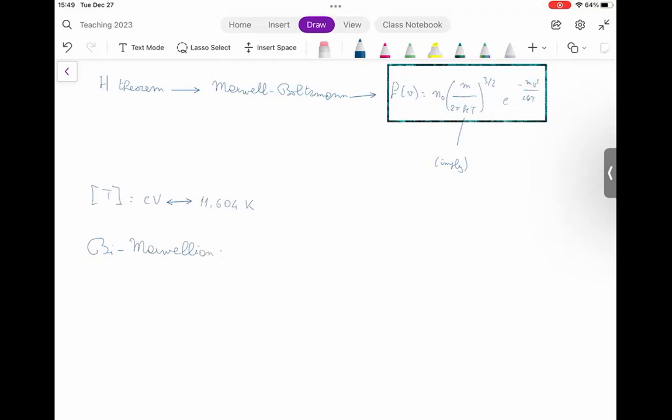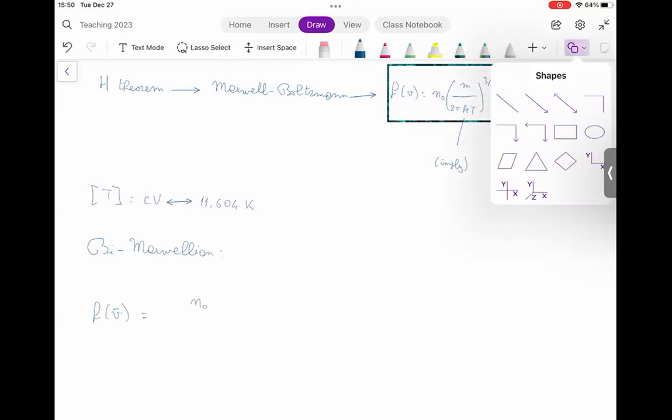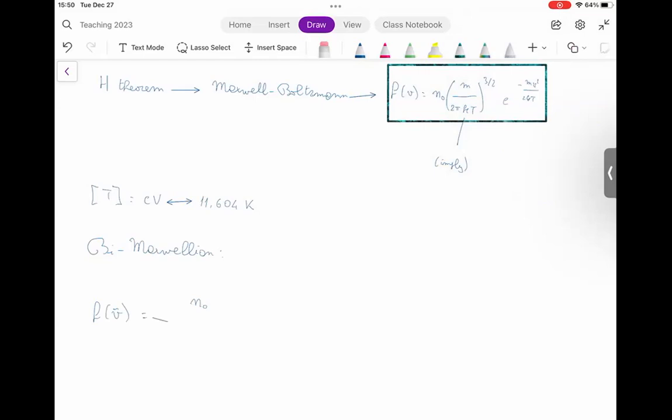That's going to look something like this. I'm going to have my distribution function, a function of the velocity, and that's going to look a little different from what we had before. I'm still going to have that normalization constant n0.